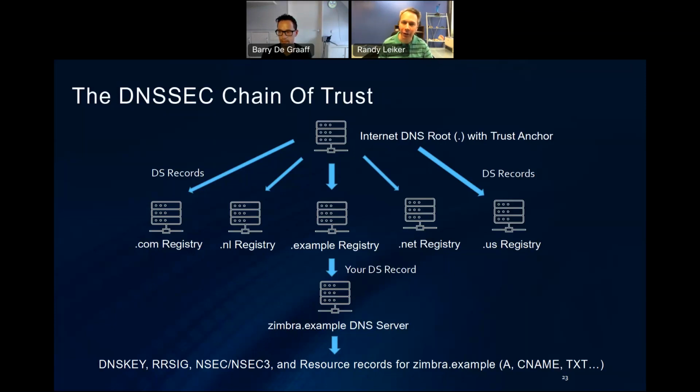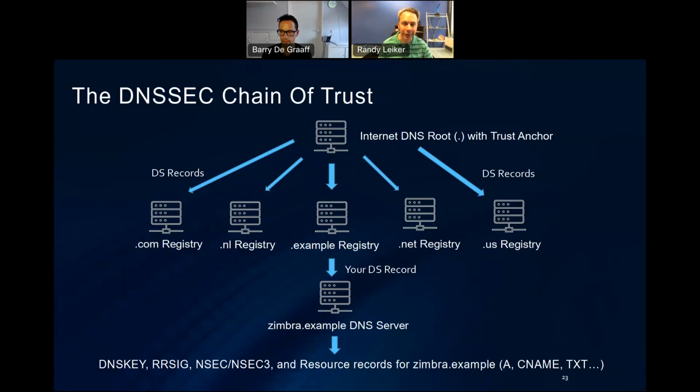The client is going to follow this with another query for your public key signing key and your public zone signing key, both from your DNS server. Using these public DNSKEY records, the client can then fully authenticate that the RRSIG records received are authentic and have not been tampered with in transit. So the client will know that the answer to their DNS query can be trusted.